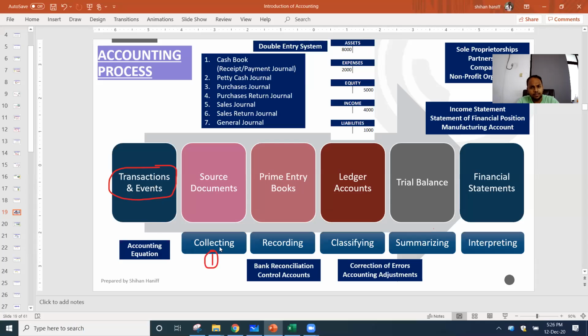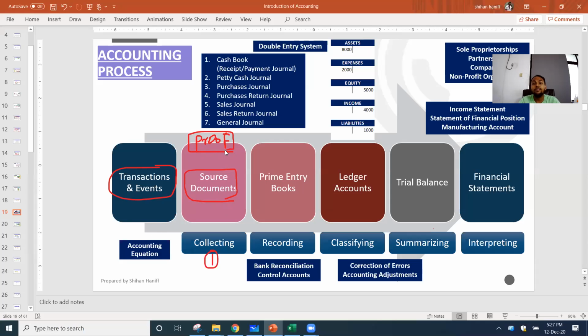Then the first step in a business is collecting the documents, the source documents. Source documents are proof for transactions. If you want to identify a transaction, definitely you need to have a proof.